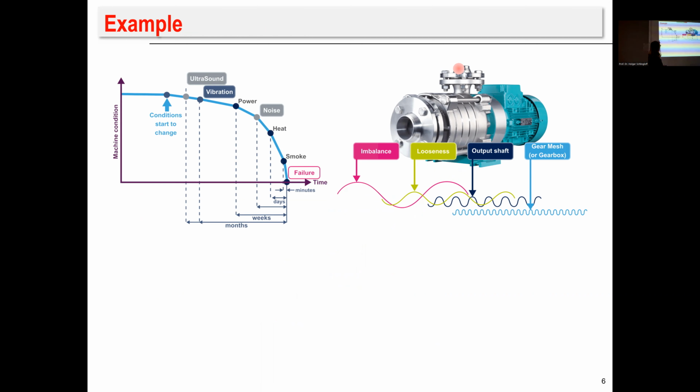Here there's an example. Here you have a gearbox, and when it's operating, you will experience all kinds of things. When the conditions start to change, when the gearbox degrades, you will hear things. You will hear ultrasound. Then you will observe vibration, more power usage. You will hear noise. The thing starts to warm up.